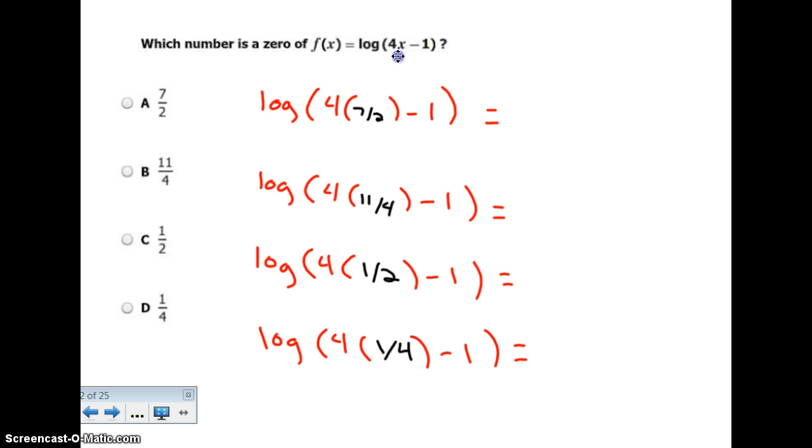So which value when used for x gives you 0? Answer choice C.